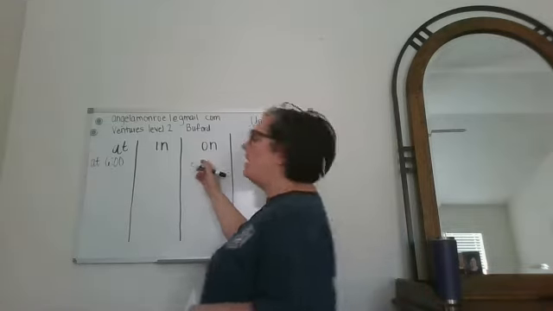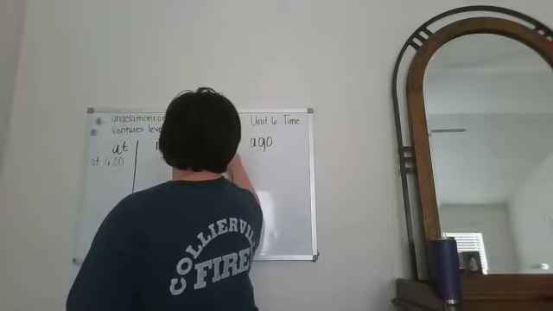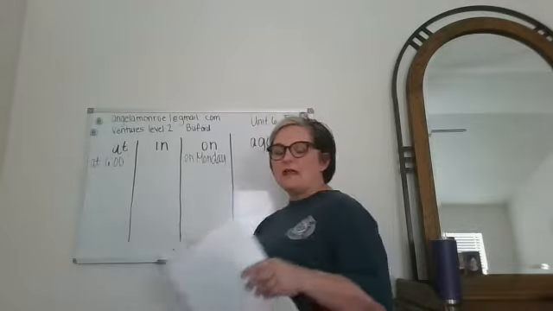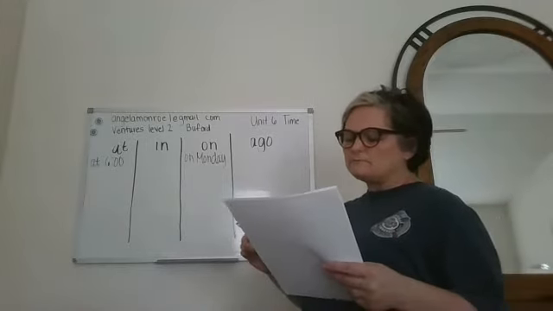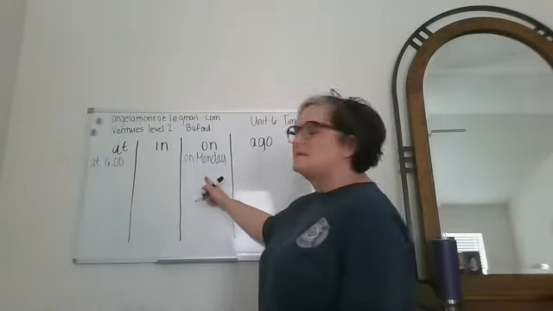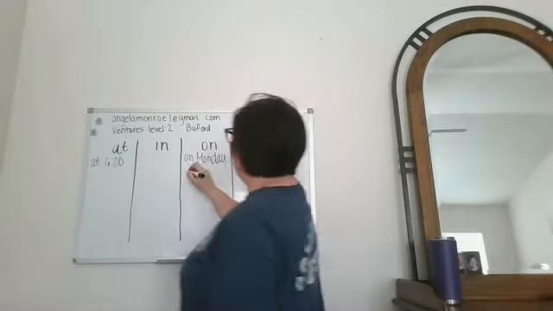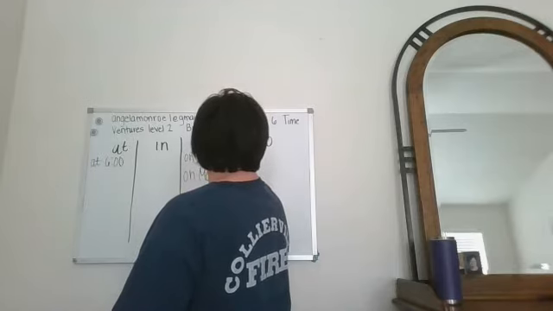And what about Monday? Specific, it's on Monday. And that's for any day of the week. So you could say Monday, Tuesday, Wednesday, whatever day. And also for a specific day of the month, like on March 12th.